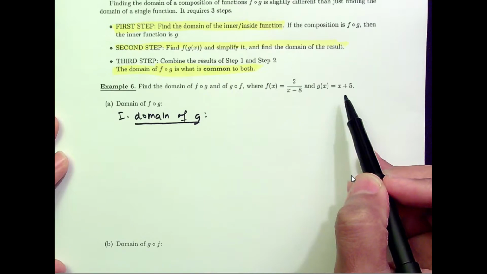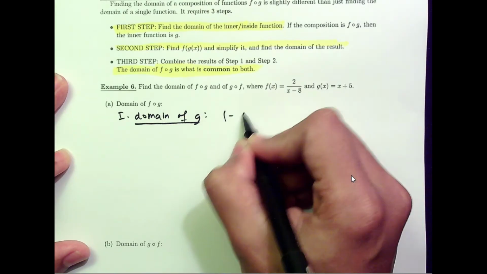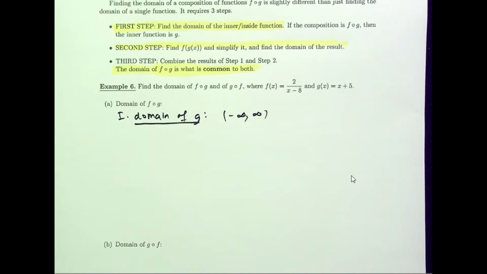That's a polynomial, so that means the domain is from minus infinity to infinity. Polynomials always have that domain. I think we mentioned that in the previous video, in the previous page. But if you just go over the bullet points, then you'll realize there's no issue.